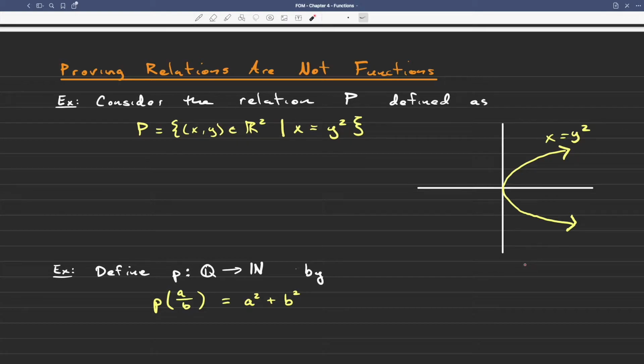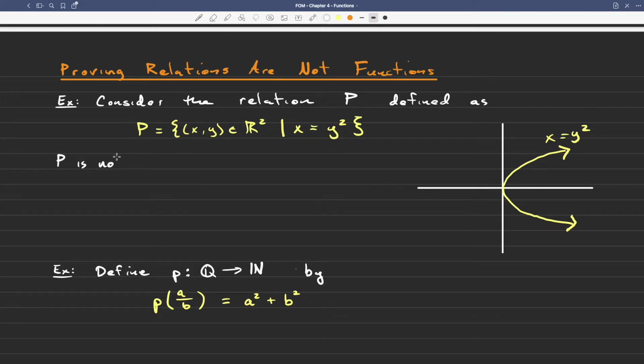So to prove something is not a function, you just need to give a couple of points on one of those vertical lines and say, look, here's a couple of points with the same x component but different y components. So in particular, when x is equal to 1, you get two different y values: y equals +1 and y equals -1. Using the graph as our guide here, our proof that P is not a function would go something like this.